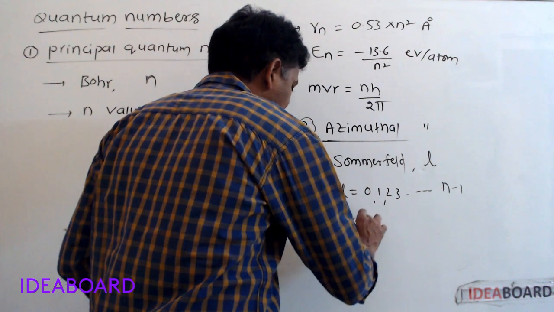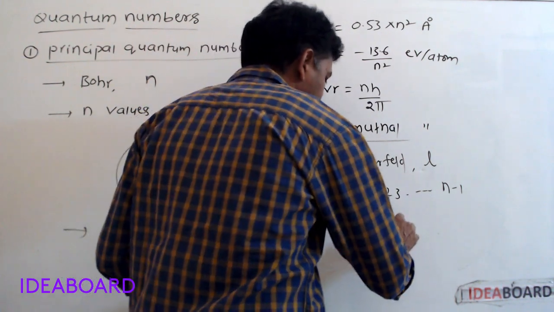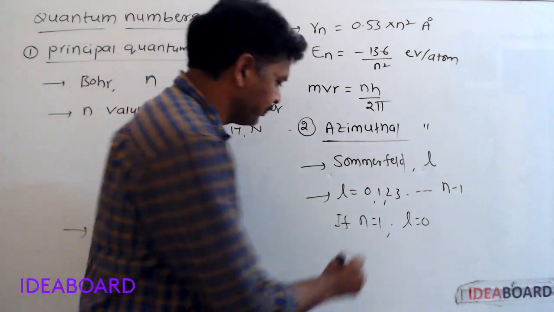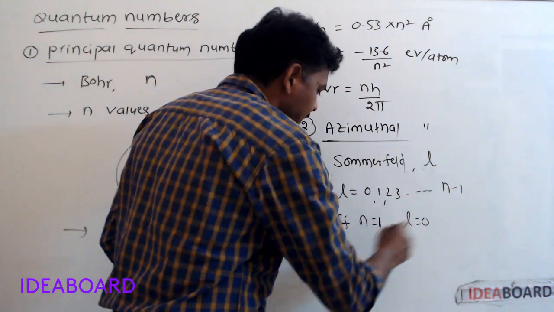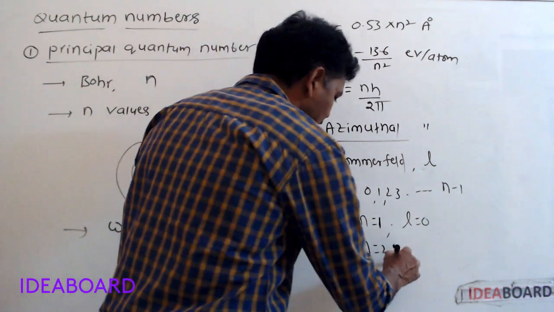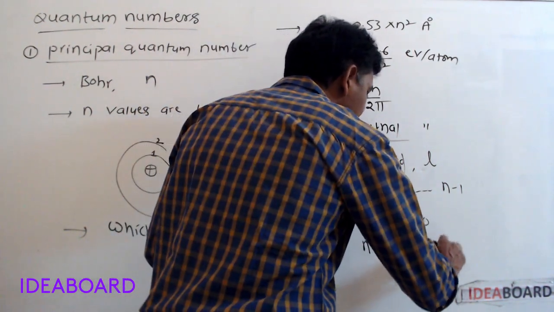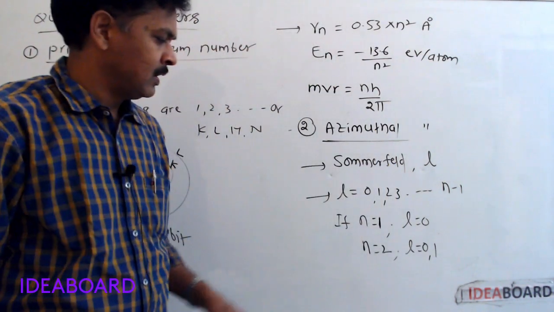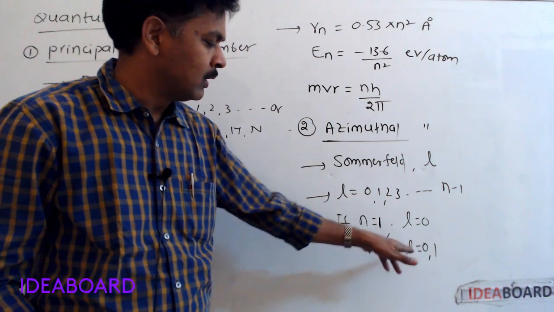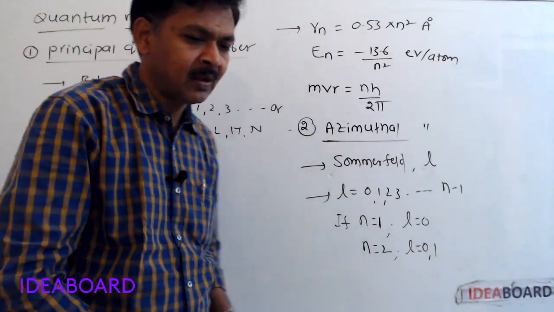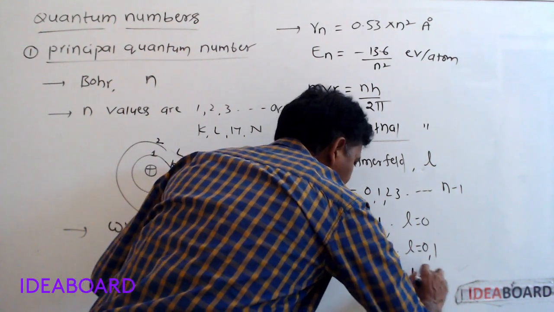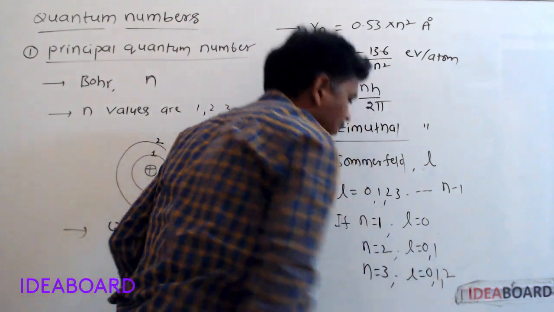If n is equal to 1, then l should be 0. If n is equal to 2, then l is equal to 0, 1. If n is equal to 3, then l is equal to 0, 1, 2.